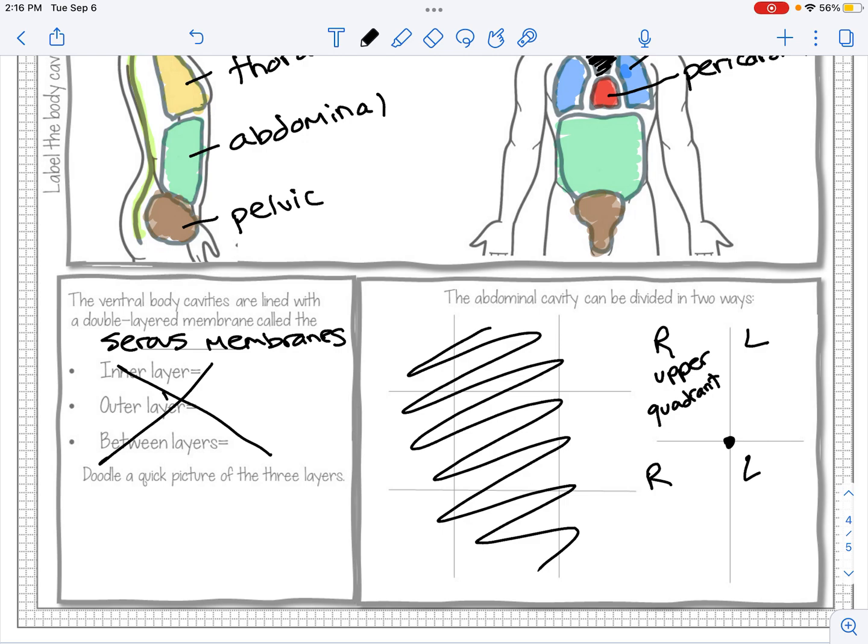The left side on top would be the left. You can write out the words right and left if you want to. I'm just going faster. And then we'd have right lower and left.